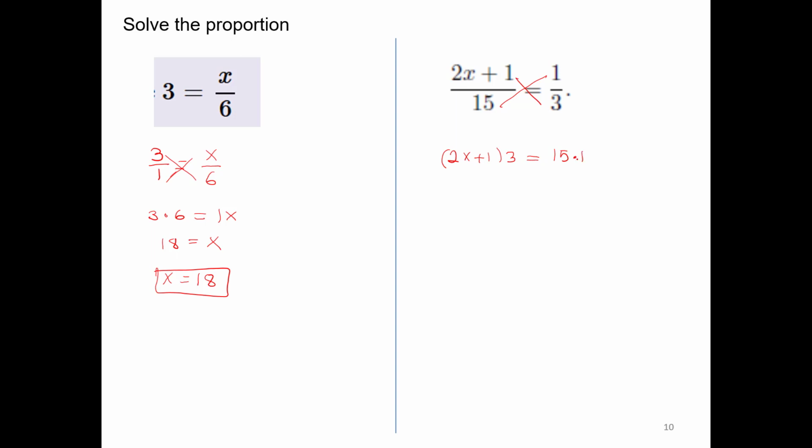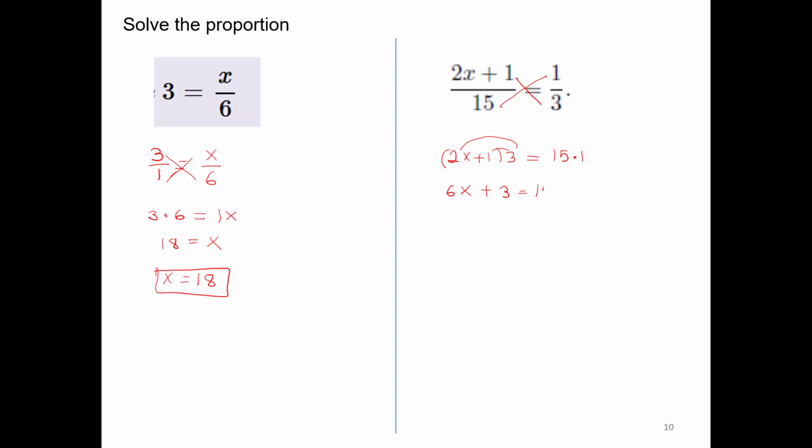If you have an expression in any of the terms of the proportion, I suggest you just use parentheses, which indicates that the whole expression is multiplied by 3. Then to solve this one, we need to distribute through the parentheses. 2x times 3 equals 6x. 3 times 1 is 3.